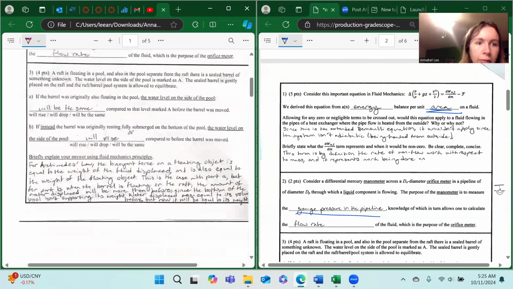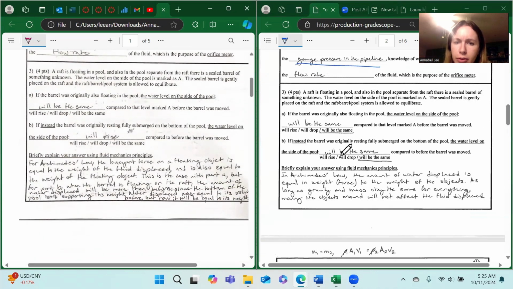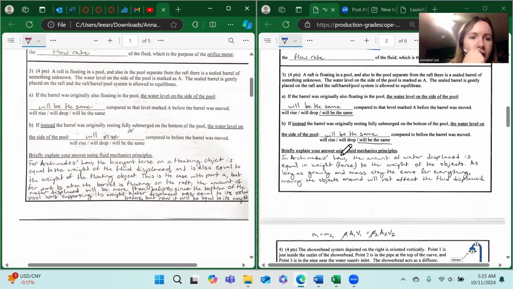And then for question 3, let's go on this side. The first part I got right. I said it would be the same if the barrel was originally also floating in the pool, because using Archimedes' law, it's going to be an equal amount of water displaced.